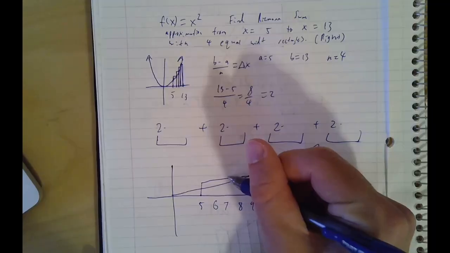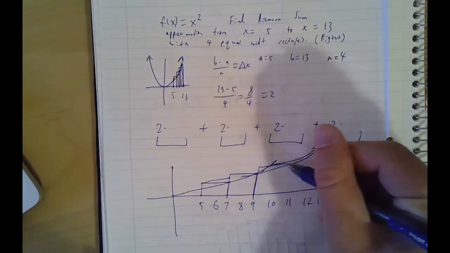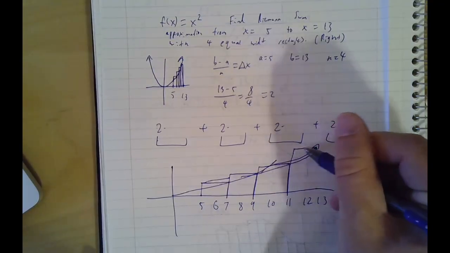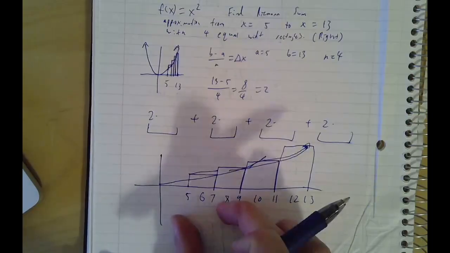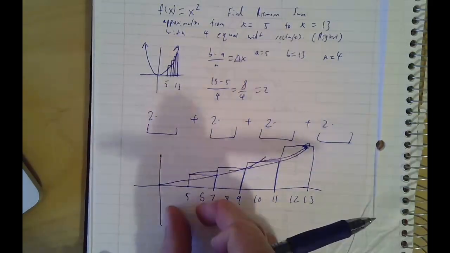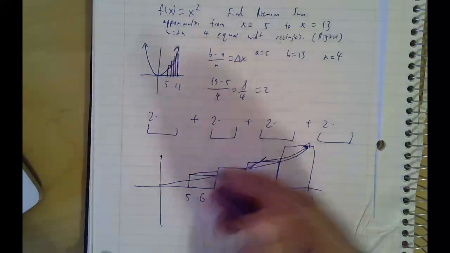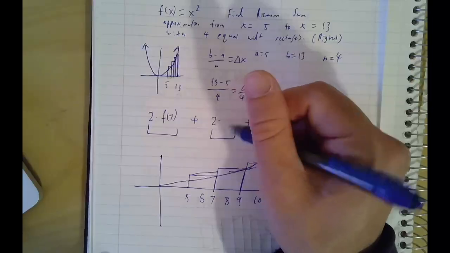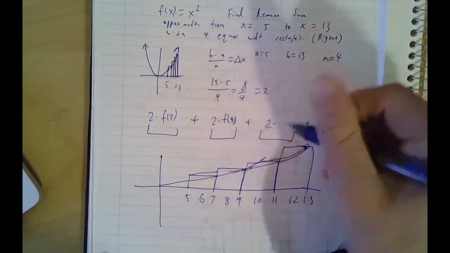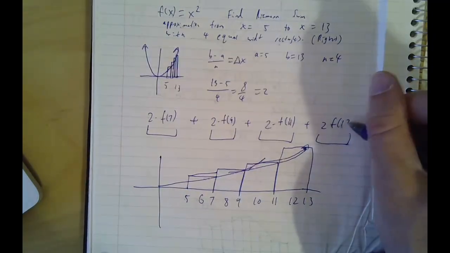We are determining the height based on the right side of the rectangle. So the right side of the first rectangle is not 5 or 6, it's 7. So it would be 2 times f of 7 plus 2 times f of 9 plus 2 times f of 11 plus 2 times f of 13.